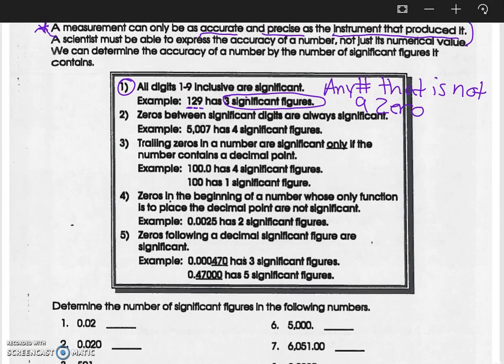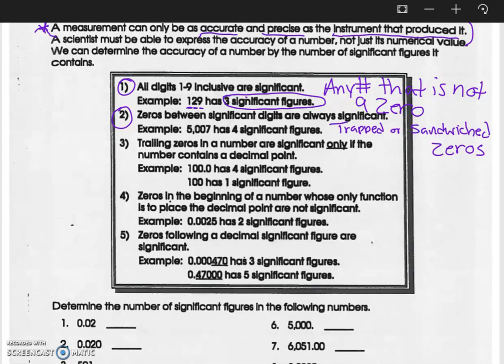Okay, let's look at rule number 2. Zeros between significant digits are always significant. I call those trapped or sandwiched zeros.